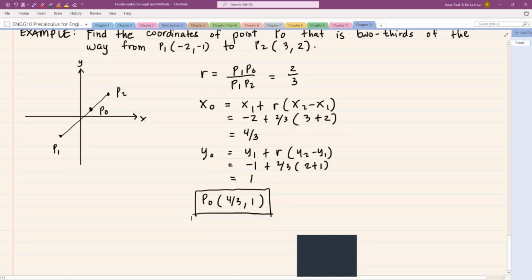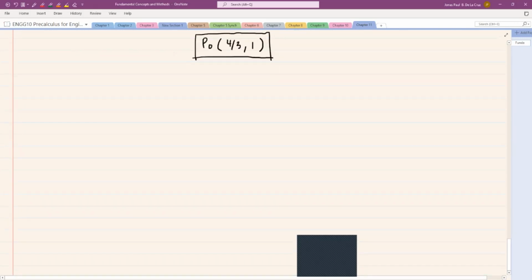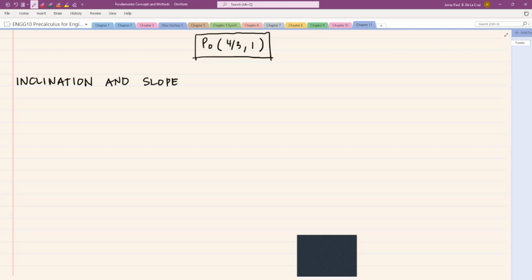Okay, let us go to inclination and slope.